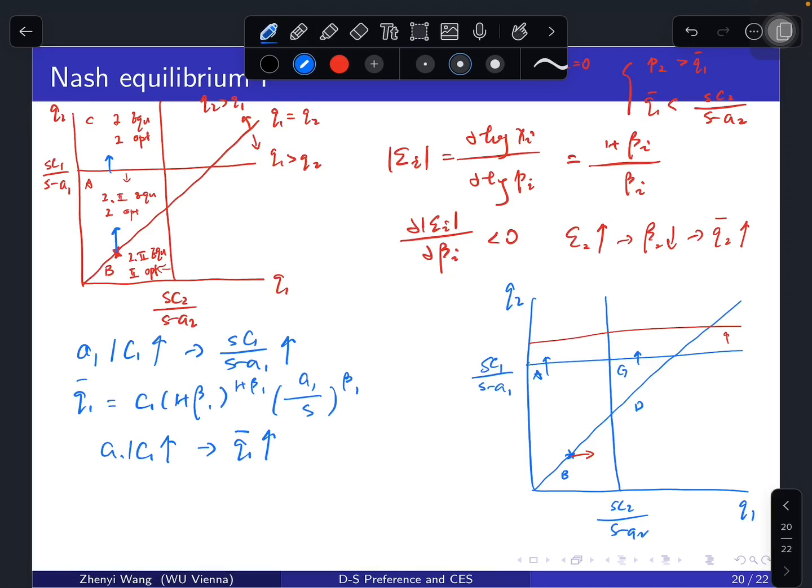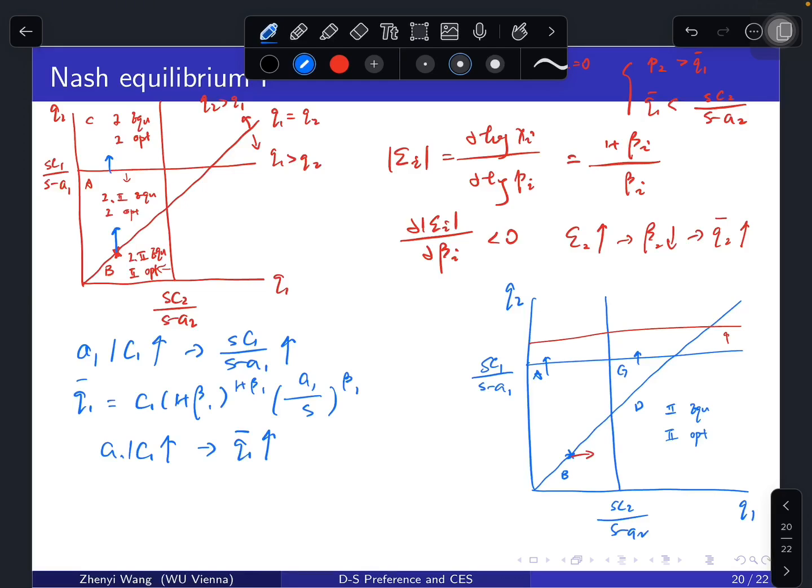However, Q2 is smaller than SC1 over S minus A1. So X2 satisfies the Nash equilibrium condition, and in this region Q1 is greater than Q2, so producing Q2 is also an optimal choice for the society.